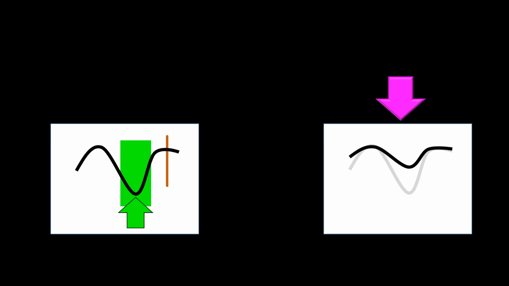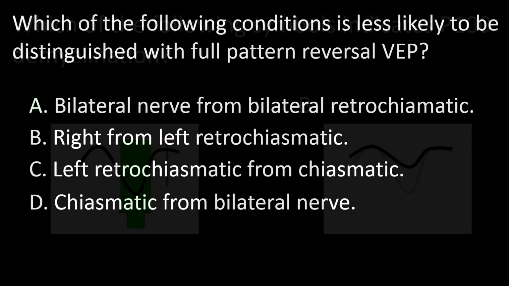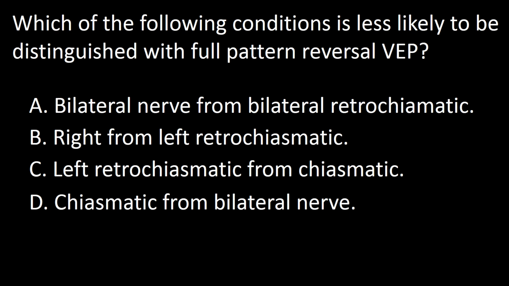Here, the gray wave indicates normal amplitude of P100 and the black line the actual amplitude of P100. So the answer to this question is A.